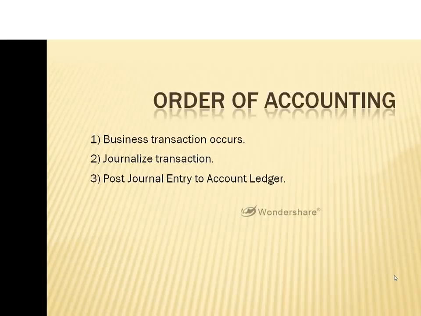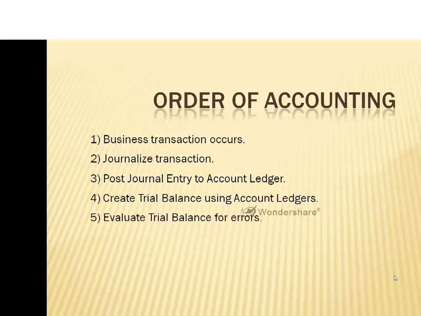But to allow you to learn how to find mistakes and research, when you learn, we show you the long way of how you have to physically post to your account ledger. And then last, you can take these account ledgers and create a trial balance. And this will help prepare you for your reports.